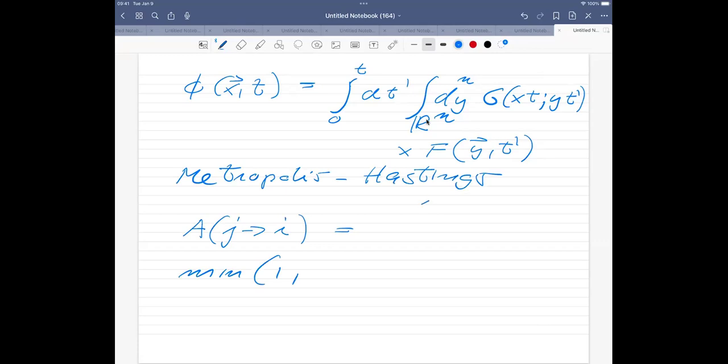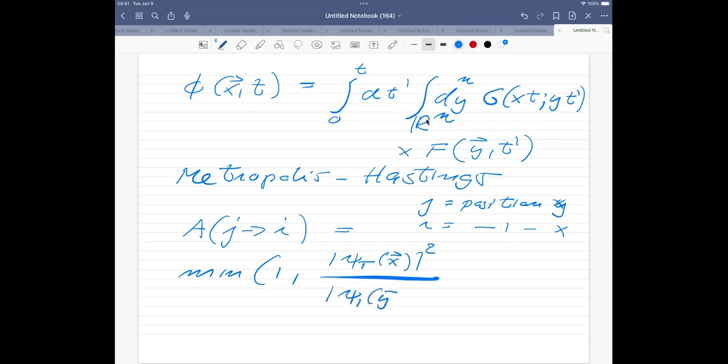So j is position y, we make a jump from y, and i is position x in the equations here. So I'm jumping into a state x, and I started in a state y.